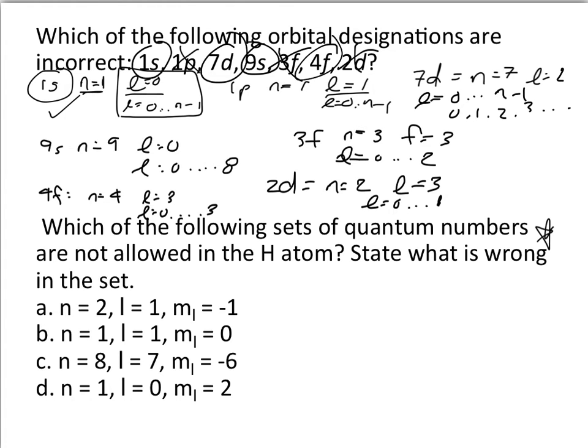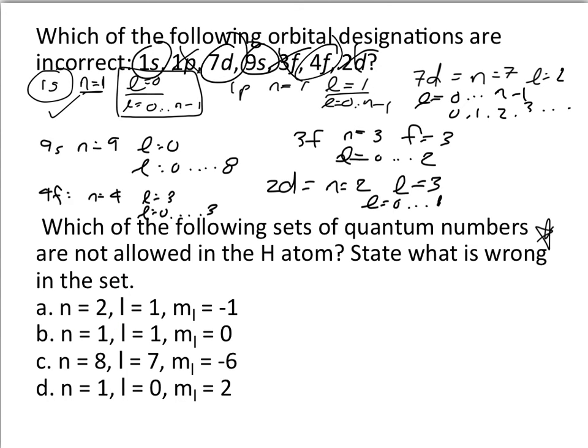Once again, we're trying to figure out if we have a set of quantum numbers that are acceptable, and if we do not have an acceptable set, what's wrong with the set. Remember, everything else is dictated initially by your n value. So n equals 2.